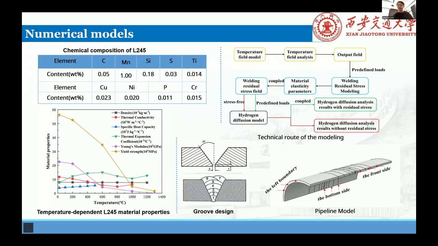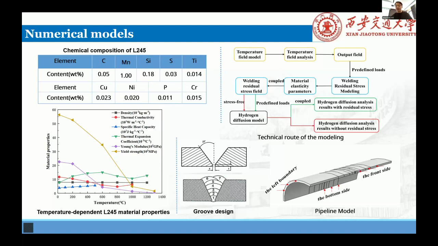Third, the technical route of the modeling consists of three steps. Step 1 is the thermomechanical welding simulation, which provides the residual stress field and the hydrostatic stress field.